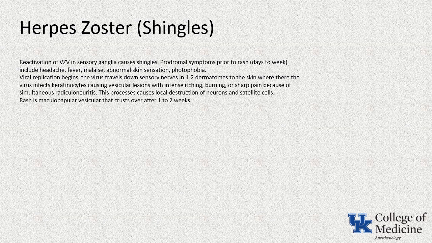There's a lot of pain as there's nerve damage that is occurring, radicular neuritis. So this vesicular maculopapular rash crusts over after a couple weeks, and usually the disease process is over at that point.